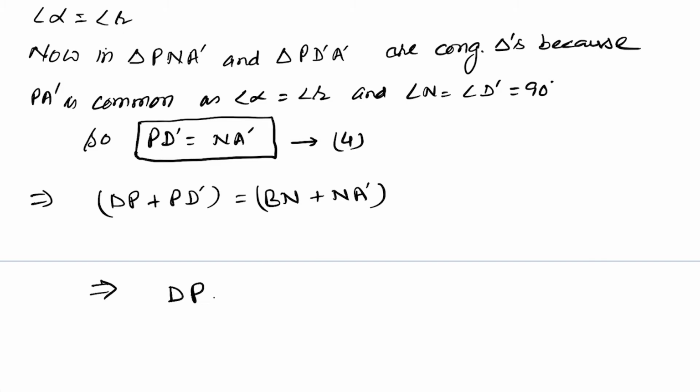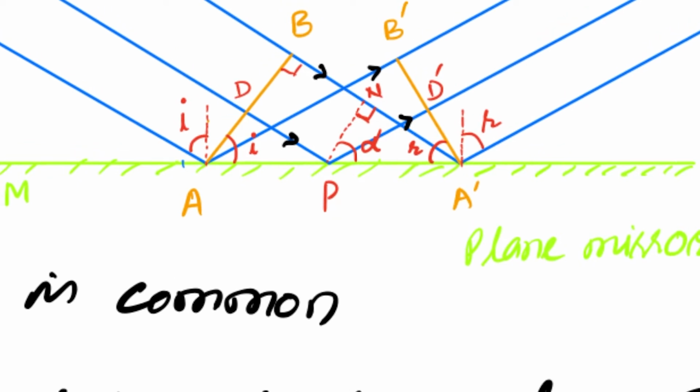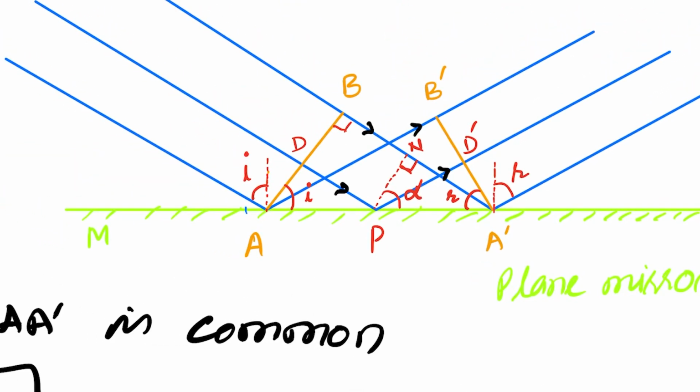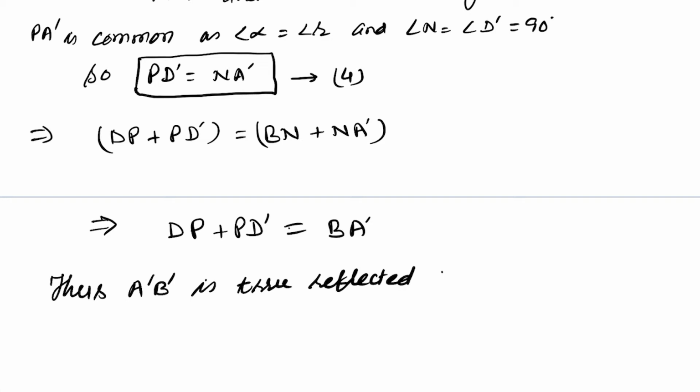DP plus PD dash is equal to BA dash, because BN plus NA dash, you can see from here, BN up to this point plus NA dash is equal to BA dash from this point to this point. Thus A dash B dash is the true reflected wavefront.